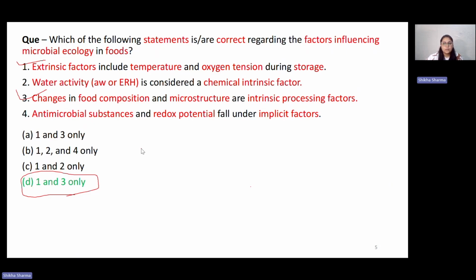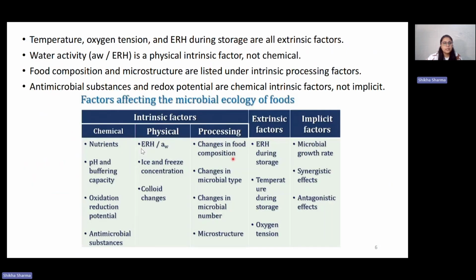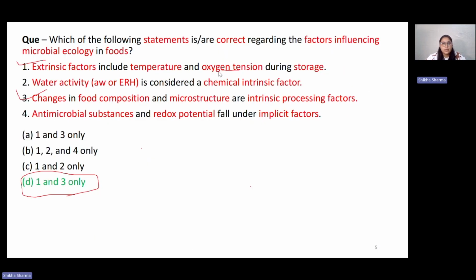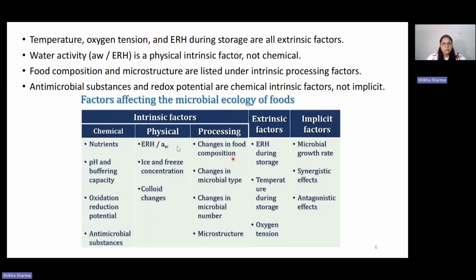Let's see the reason behind it. In the first case, we are talking about temperature and oxygen as extrinsic factors. Obviously, in extrinsic factors we have ERH during storage, then temperature, and also the oxygen tension.